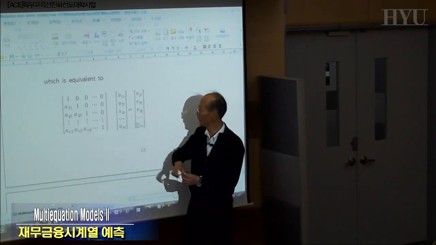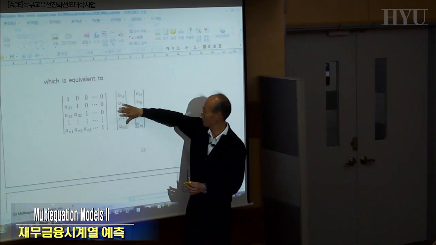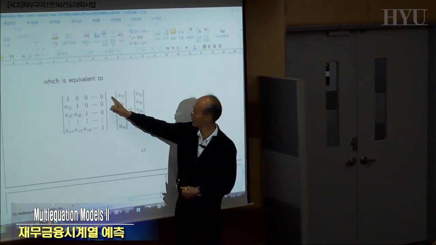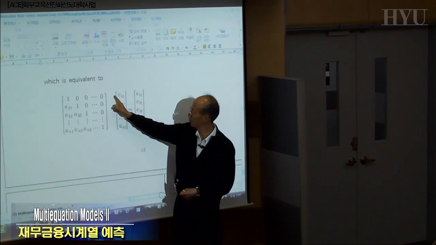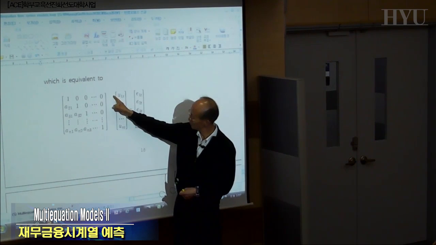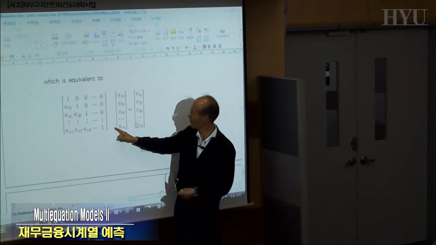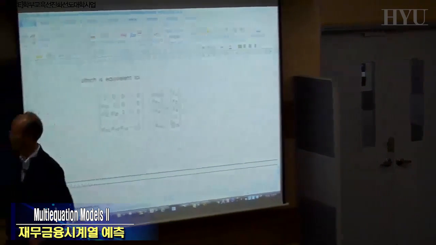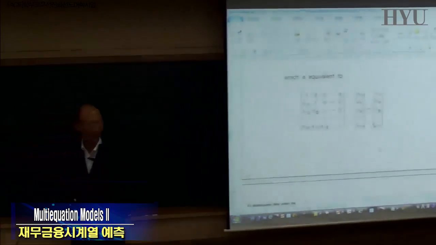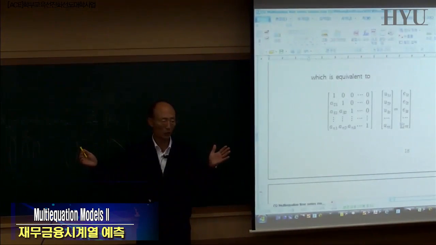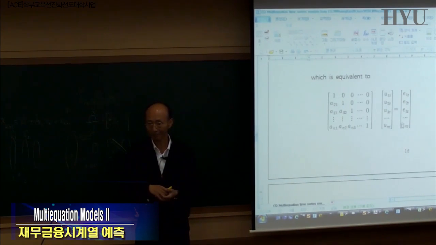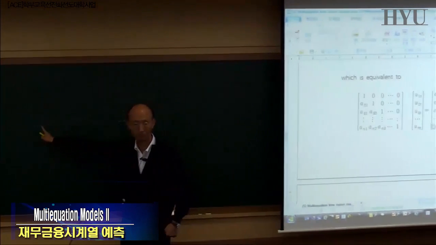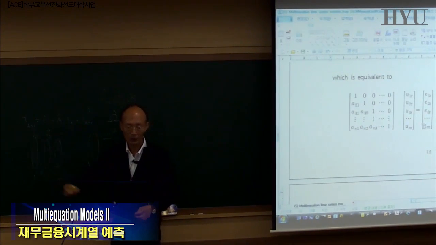If you change the ordering of the variables, so instead of the first variable being in the first location here, suppose you put it there and something else here, then the impulse response function may look very different. So it depends on the ordering of the variables.